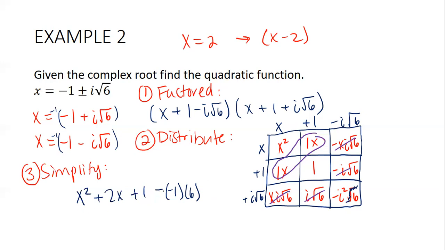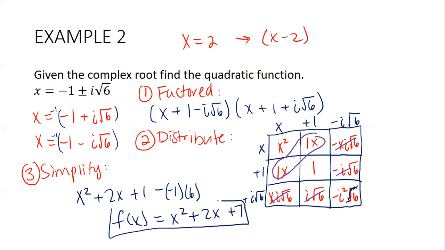So cleaning this up, a negative times a negative is a positive. So what is positive 6 plus 1? 7. So therefore, my original function would have been f of x equals x squared plus 2x plus 7. And that's the function that came up with those roots.